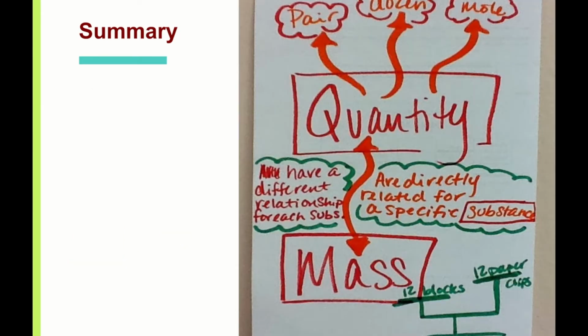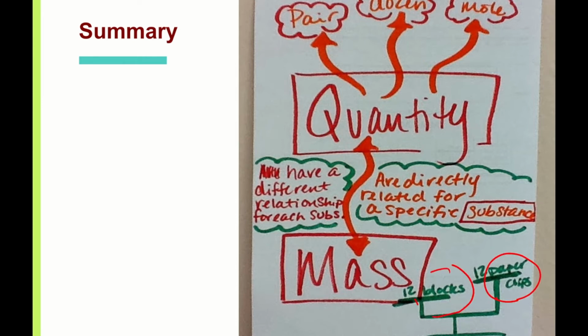Okay, so let's take a look. At this point of time, mole is just another quantity. They are the same as pair, dozen. They all represent a fixed number, and of course they are directly related to the mass. If you take a look at the bottom part of this picture, for example a dozen, 12 paper clips versus 12 blocks.